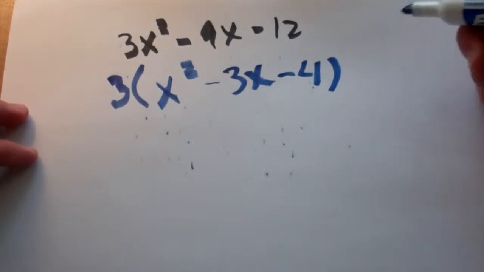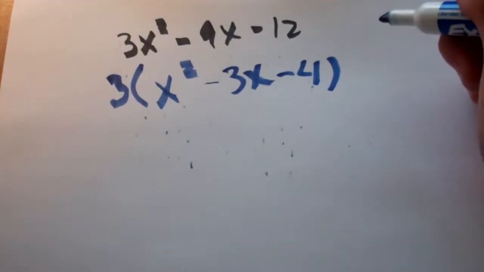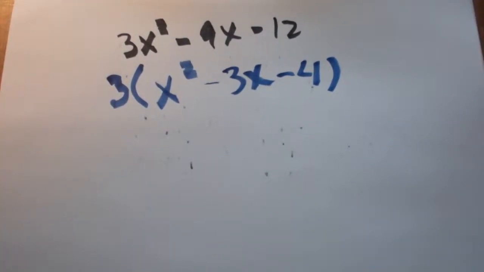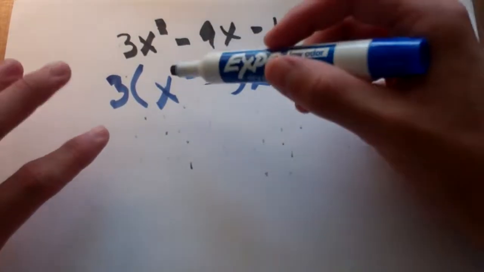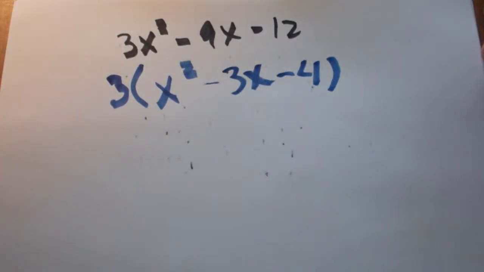Okay, so this has already simplified it. Sometimes it will actually factor out easily without me going through this step, but in this case we're going to go through this step and make things easier for us.